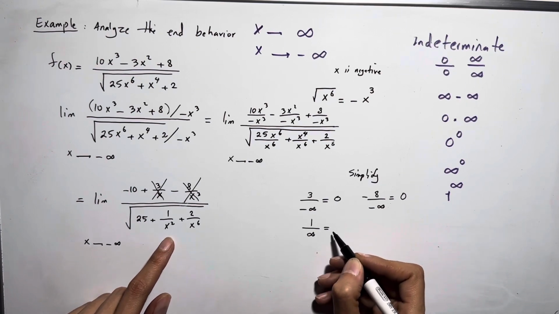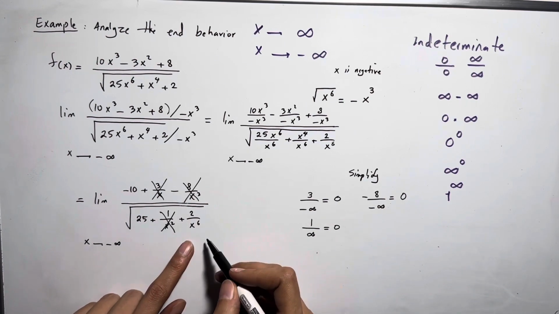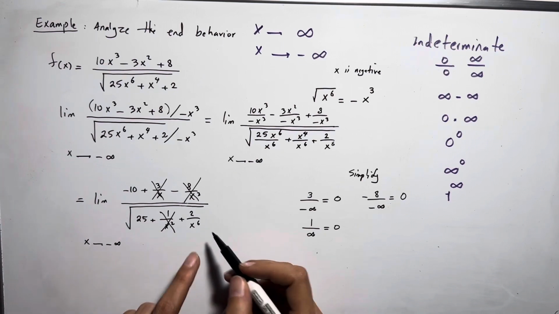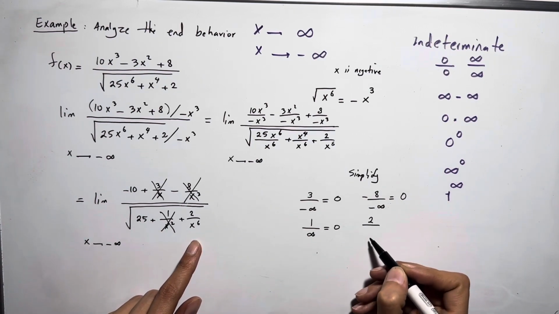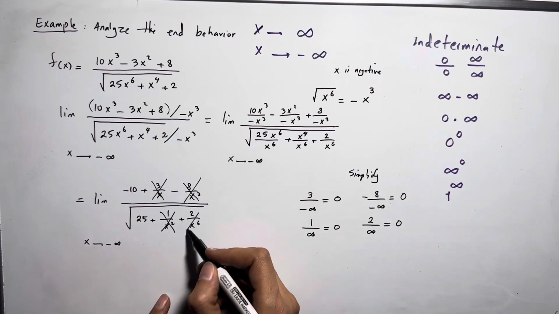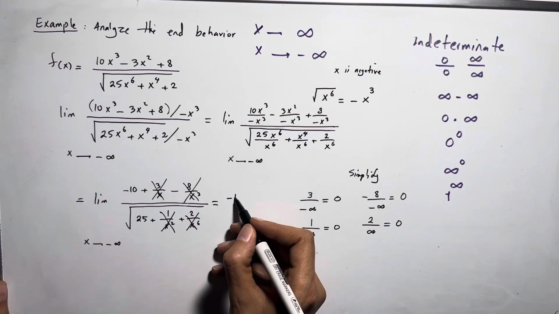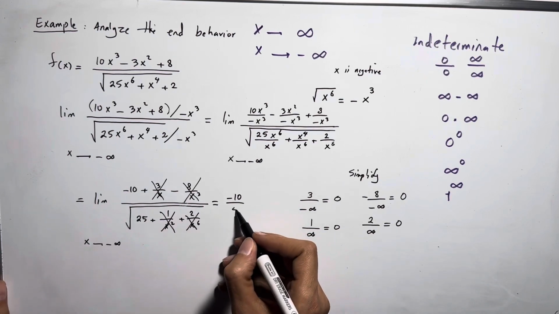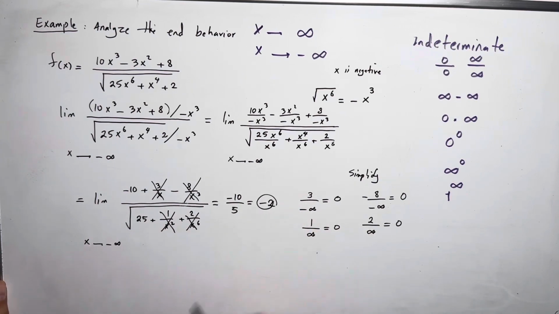Very good. So this is just 0 again, and you have 2 divided by x to power 6, 2 divided by negative infinity to power 6, infinity, which is 0 again. So what's left? Negative 10 divided by the square root of 25, which is 5, or negative 2.